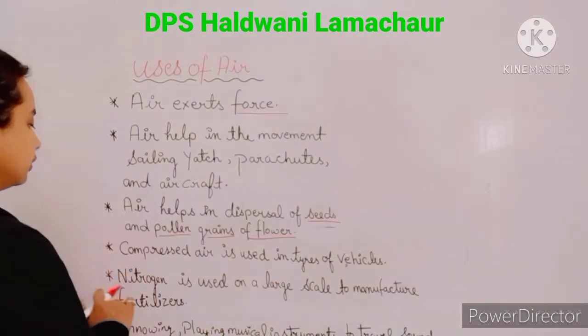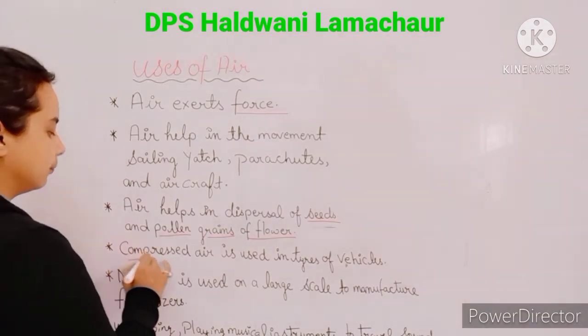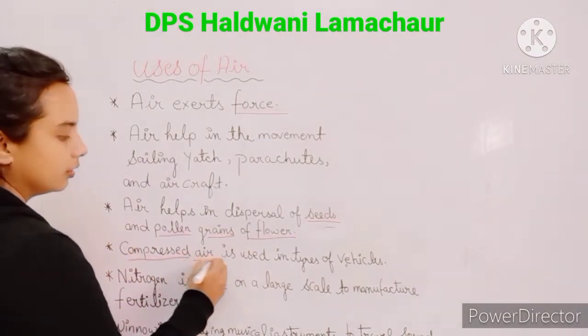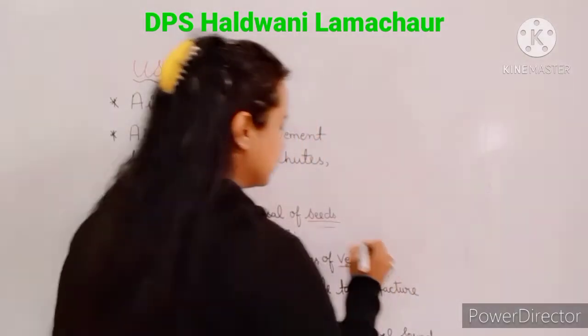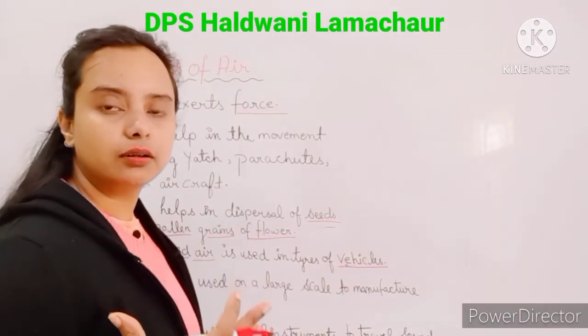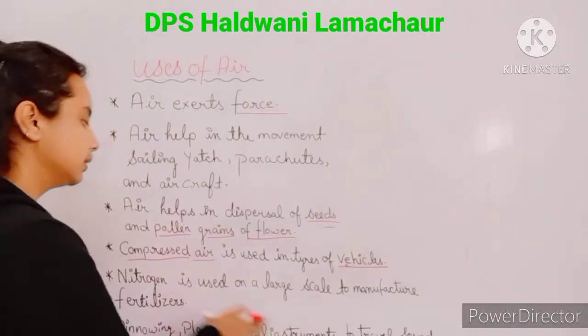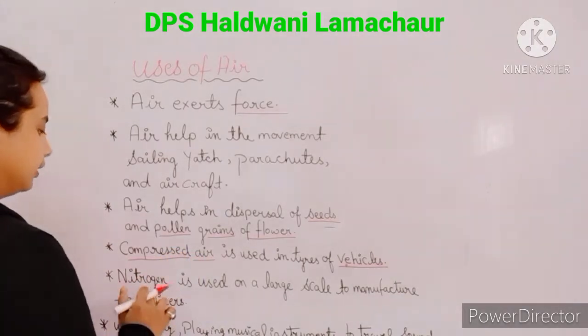Next one is compressed air. Compressed air is used in the tires of vehicles. So in the tires of a vehicle, what type of air is present? That is compressed air. Now nitrogen.